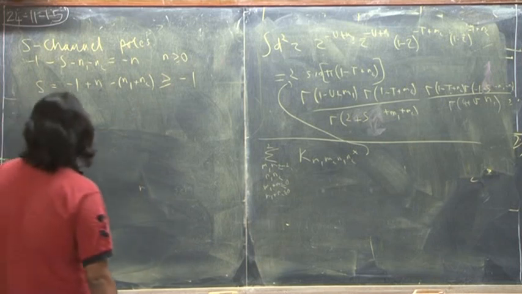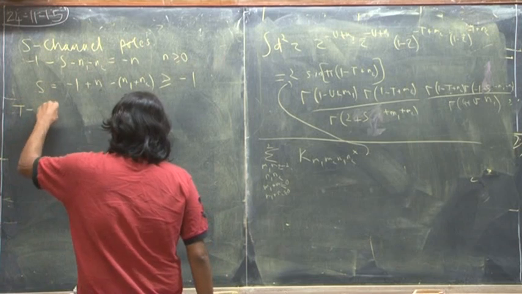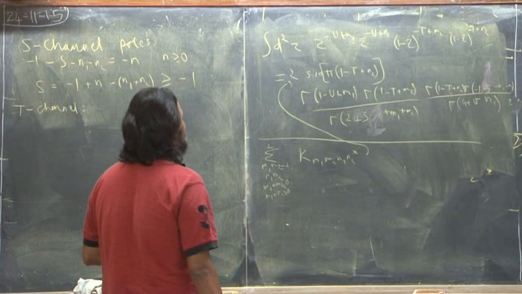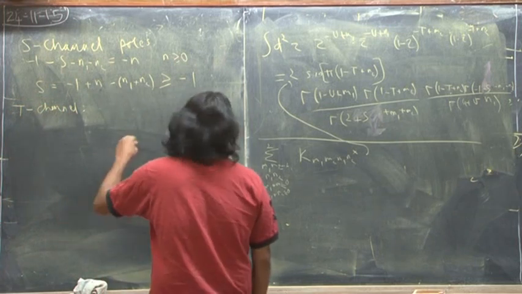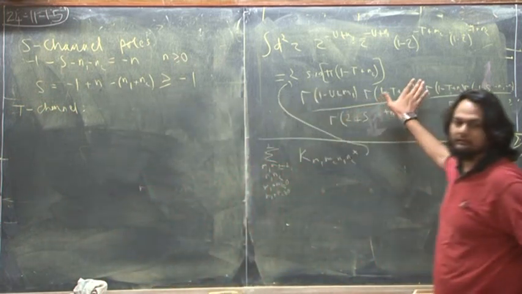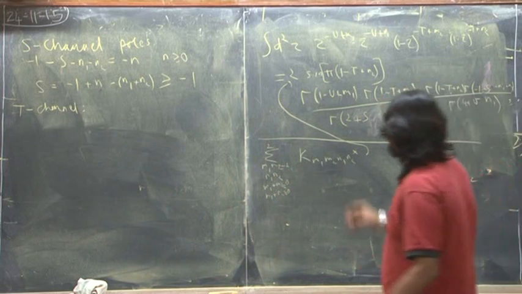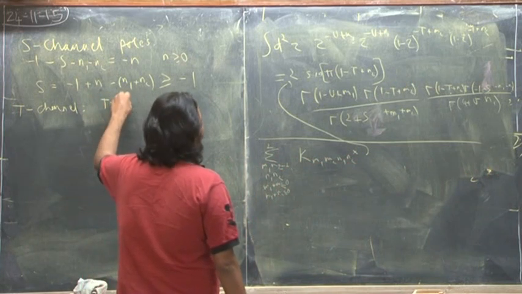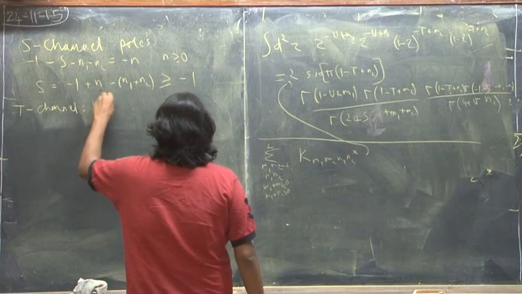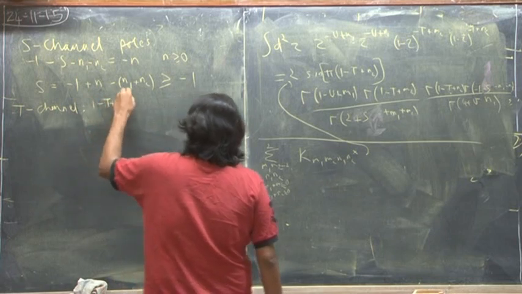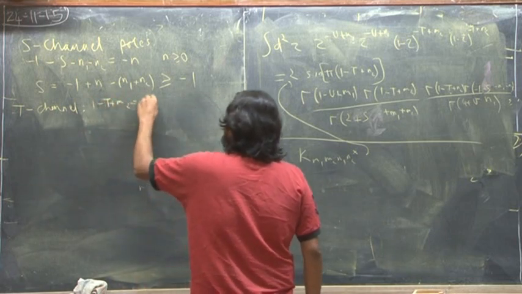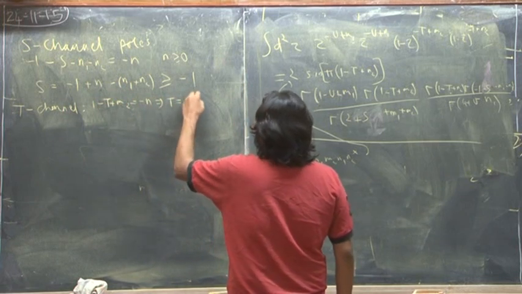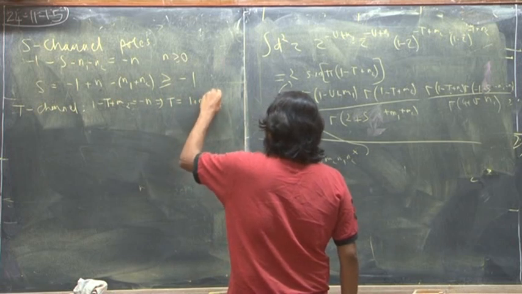Similarly, you can look at the T channel. The T channel poles are going to come from here always, because gamma doesn't have zeros. So I get t equals 1 minus t plus m2 minus n, and t equals 1 plus m2 minus n.